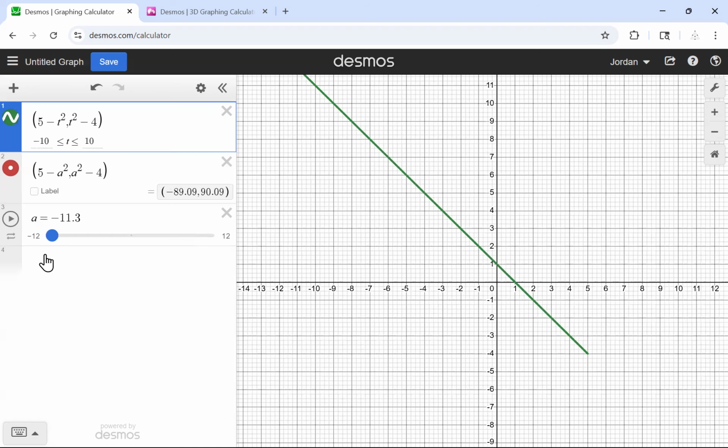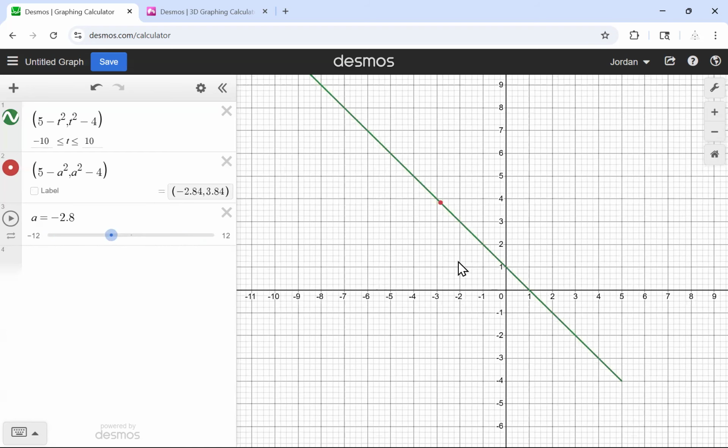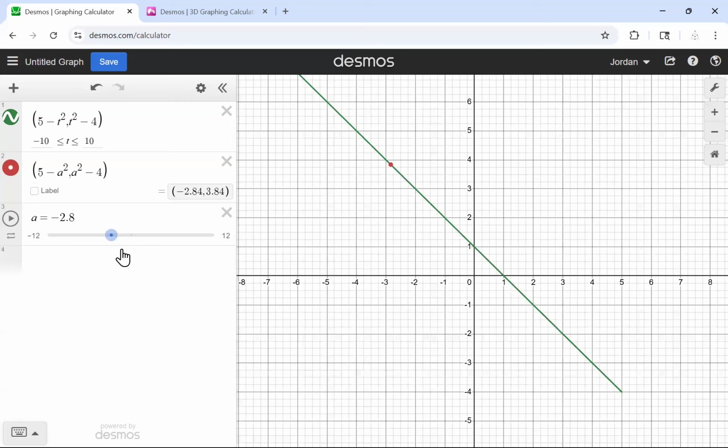Now this one's going to be tricky, because we have that t squared, things go really quick. Notice what's happening to begin with.